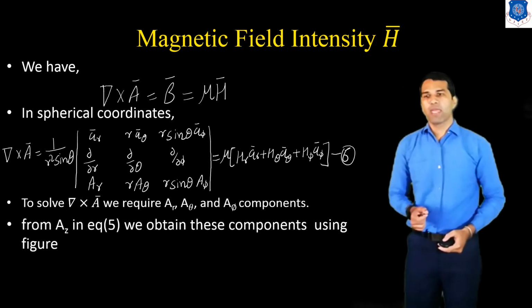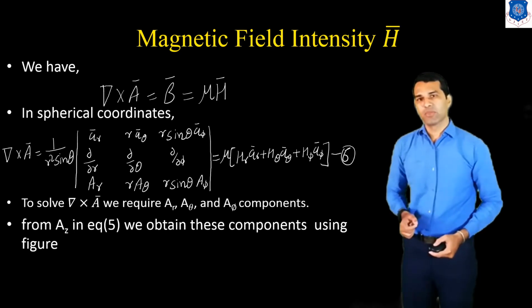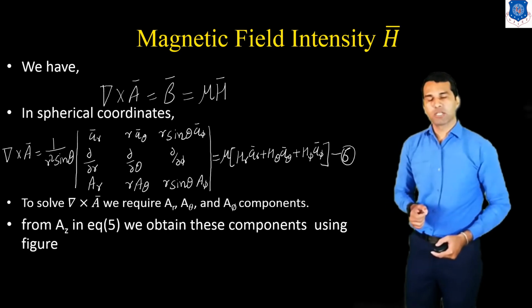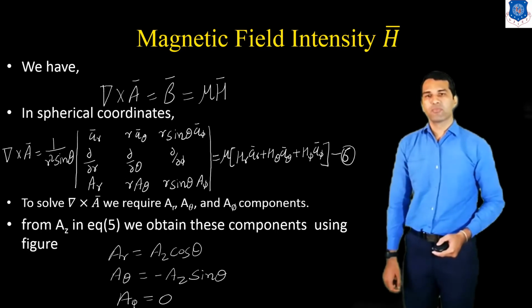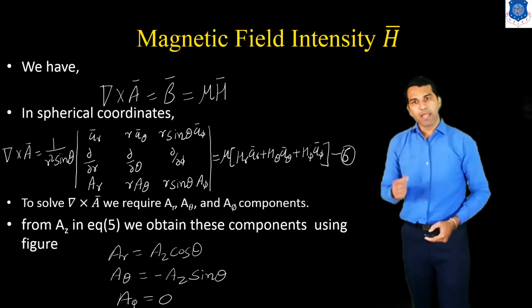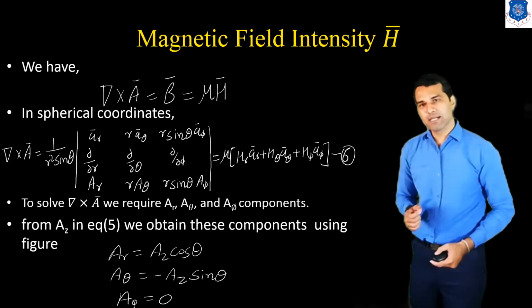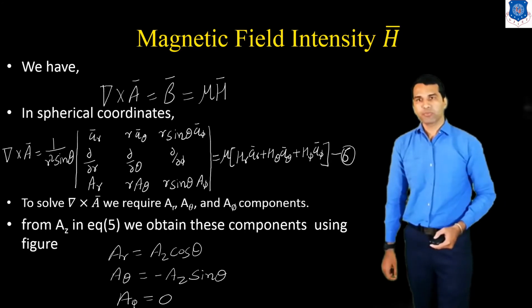So from A_z in equation number 5, that means in the previous lecture we derived the equation for A_z, we obtain these components using the figure: A_r is equal to A_z cos theta, A_theta is equal to minus A_z sin theta, and A_phi is equal to 0.